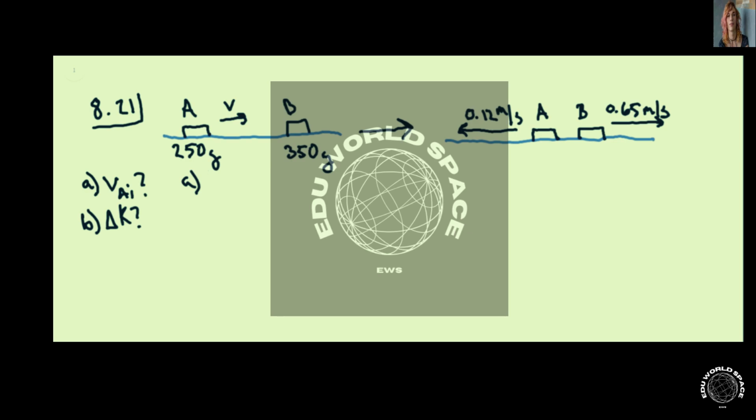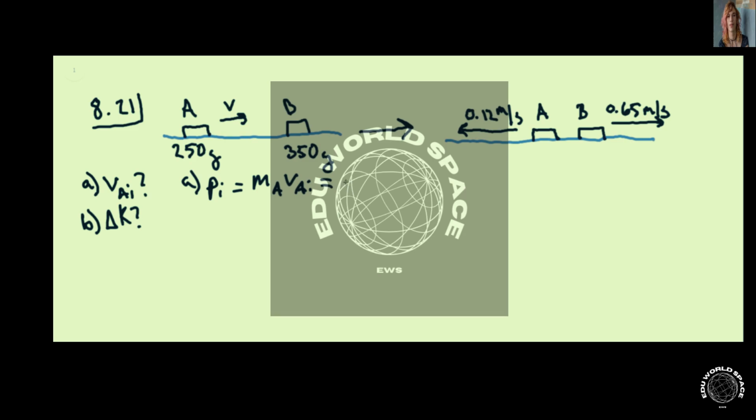We know from the conservation of momentum that the initial momentum, which since A is the only thing moving, will be just the mass of A times its speed, which we would like to know. And now this is going to be equal to the sum of the momenta over here.